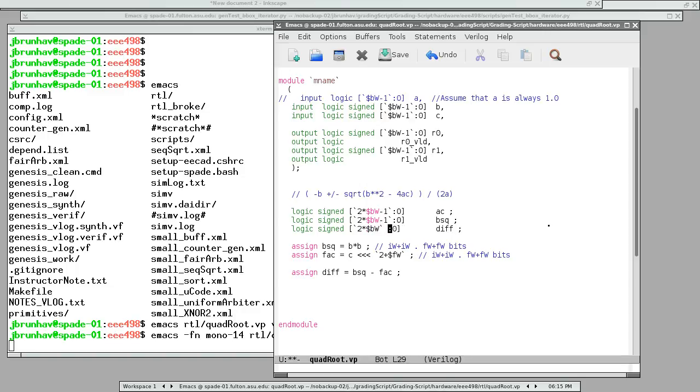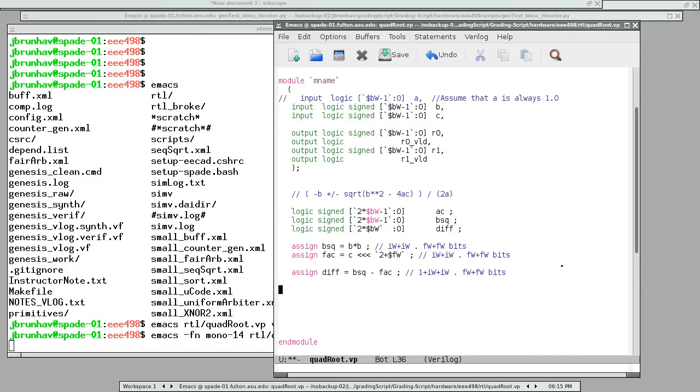So we're going to do that. So now diff has 1 bit. So this is, in terms of bits, 1 plus IW dot FW plus FW bits.